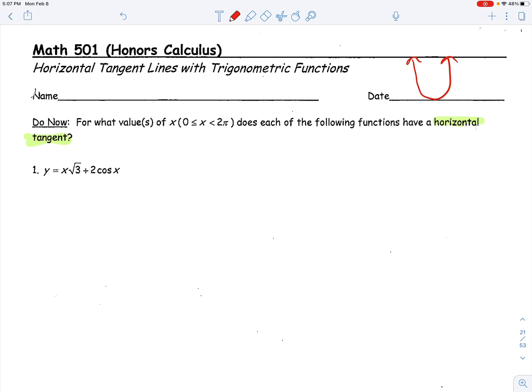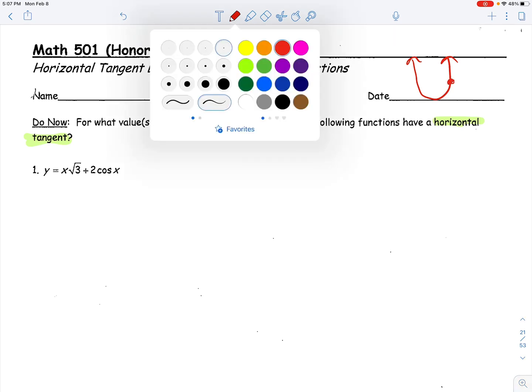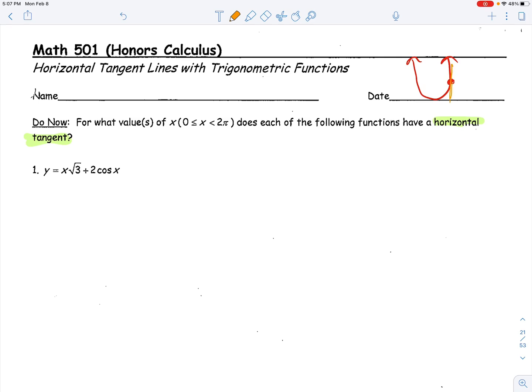All right, if I give you a curve here, and let's just say, for example, right here, draw a tangent line. I know that looks kind of vertical, but this is y equals x squared.